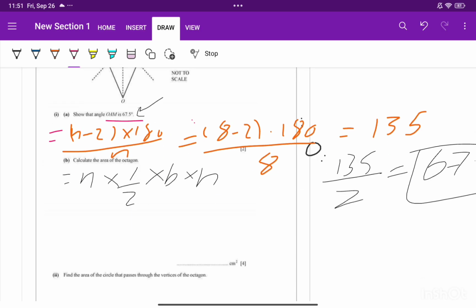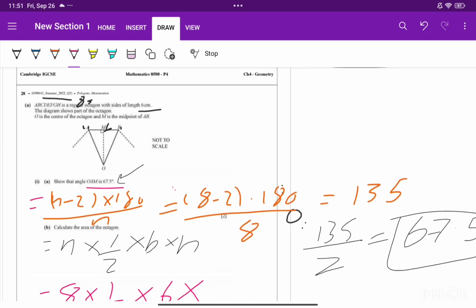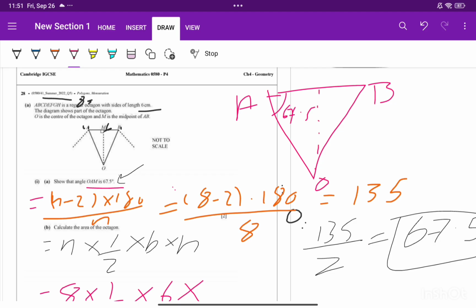So we know side is 8 multiplied by half, so base is 6, but we don't know height. Okay, let me draw this again. O A B. This is 67.5, divided by M, 90 degree. And we know AM is 3.